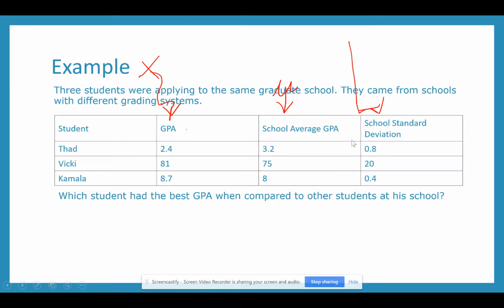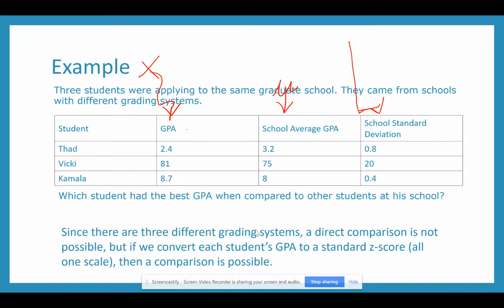So that gives you all of the values that you need, and we're trying to figure out which student has the best GPA. Because they have different scales, we can't compare them directly. So we need to convert them all to the standard z-score, and then we can make a comparison. We're going to walk through those calculations on the next screen.